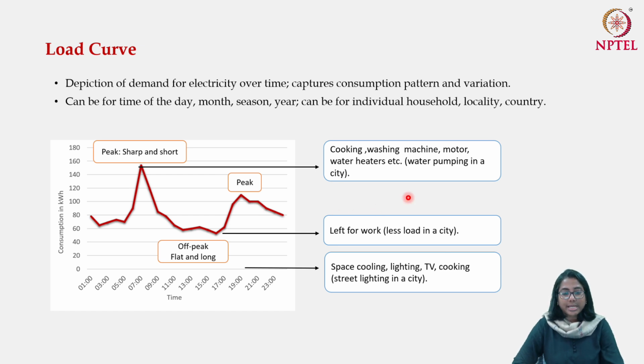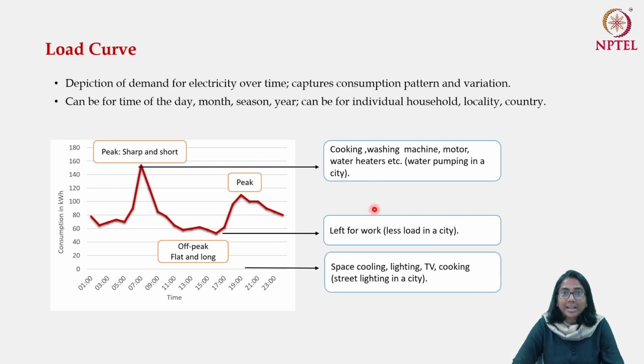Now let us try to understand this can be the explanation for peak and off-peak period for a particular household, but what can be the explanation for the peak and off-peak period for a particular locality, for example, the municipality corporation. This is something we had discussed in the previous lecture. So you see that during the morning period, the municipality corporation may experience a hike in demand for electricity for various activities, one dominating activity being the water pumping in the city.